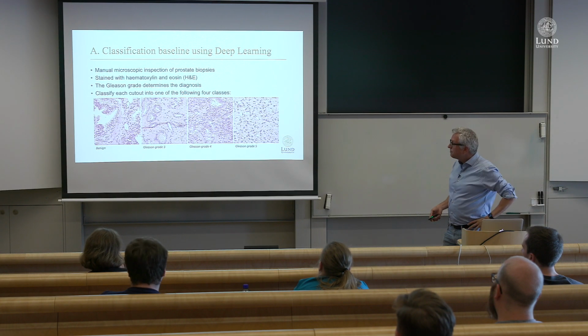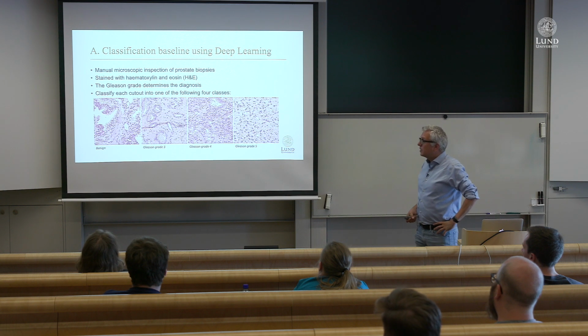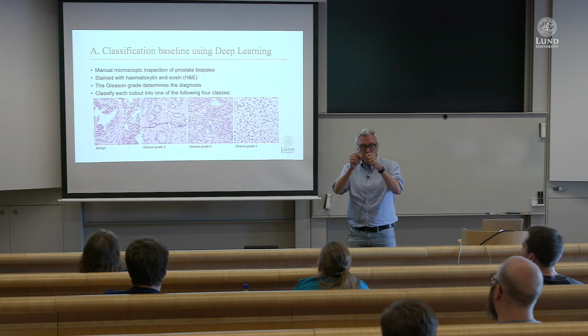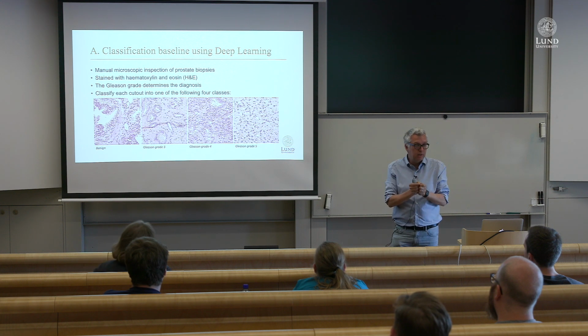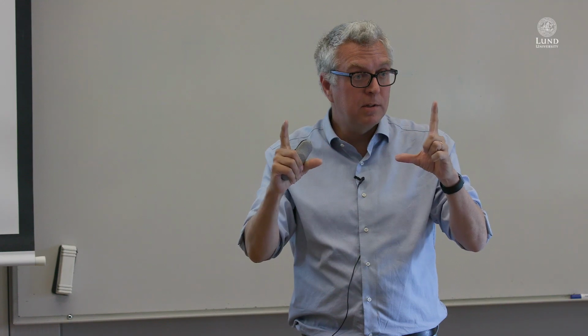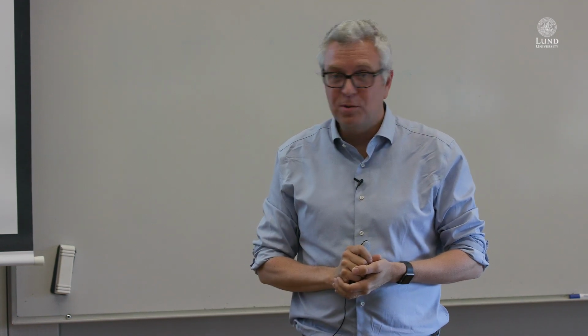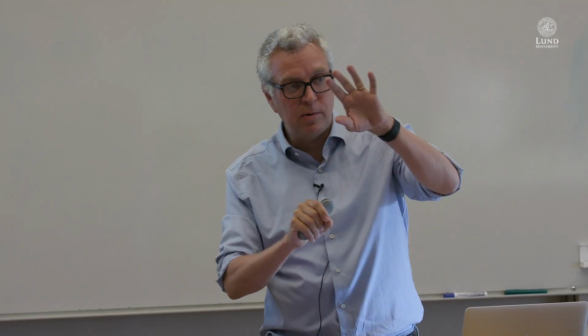So we have these 4 grades. If we try to classify that, our first attempt was to generate a small database where we had images and where the whole image was of one consistent grade. So it's not like we take a huge biopsy and this part is benign and this is 3 and this is 4.